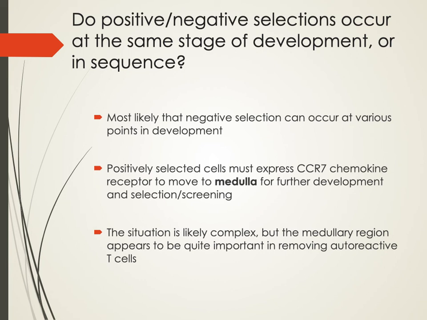So the situation is likely complex and not necessarily linear as it was presented, and the process isn't necessarily in a certain sequence. Again, this is where additional research and understanding of the process, utilizing different mouse models and such, may be able to elucidate more.